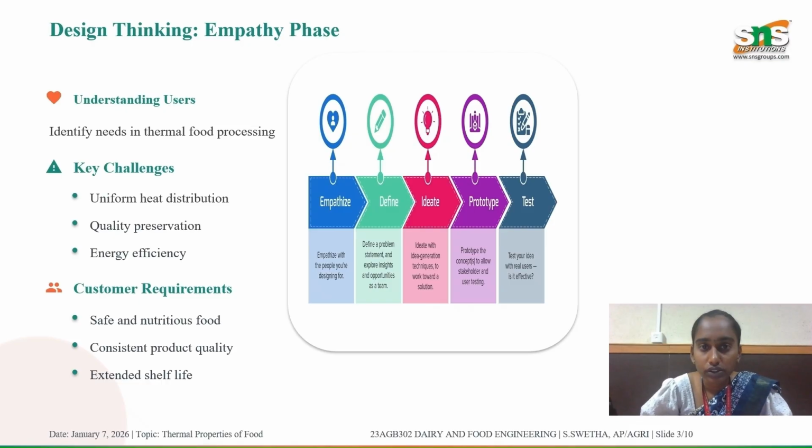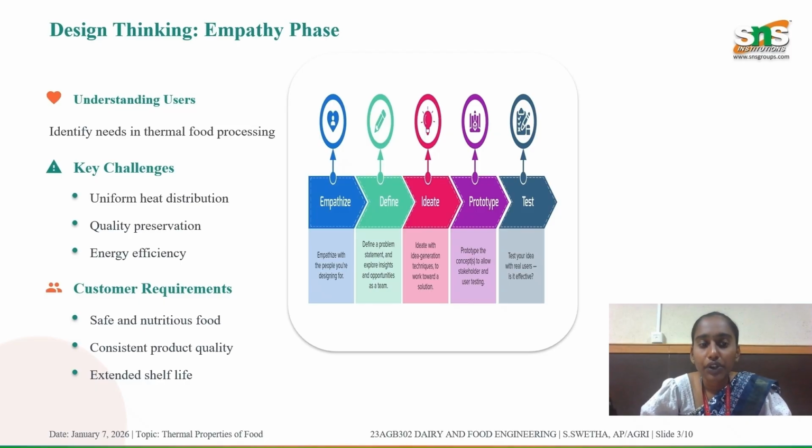They may face key challenges like uniform heat distribution, especially in double heat exchangers and single heat exchangers, generally used in pasteurization in the milk unit, and also quality preservation, like by heating, blanching, sterilizing, distillation, etc. And energy efficiency, of course, since with thermal heat the losses are also higher.